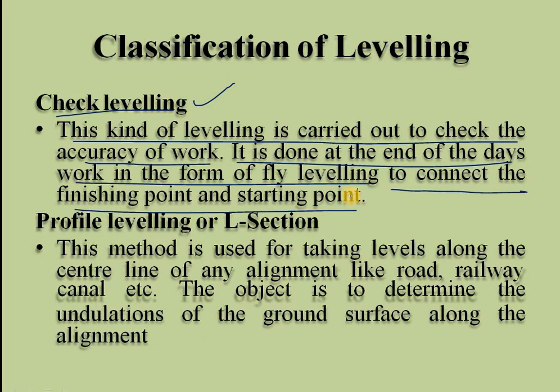So this check leveling is a kind of leveling carried out to check the accuracy of work. Just like the previous leveling that we have done, which is known as fly leveling, it is done at the end of the day's work in the form of fly leveling to connect the finishing point and starting point.